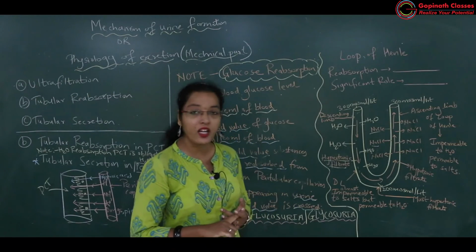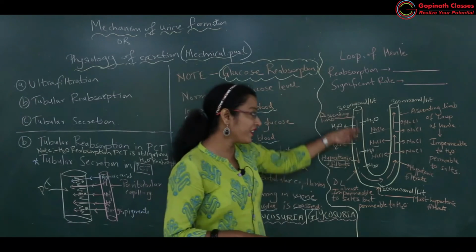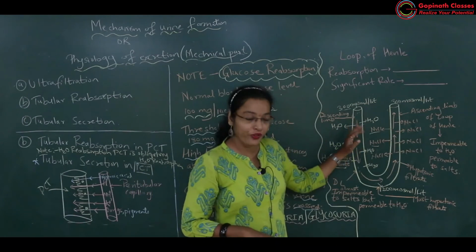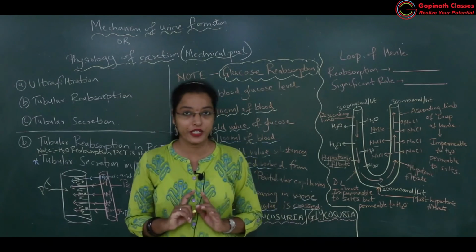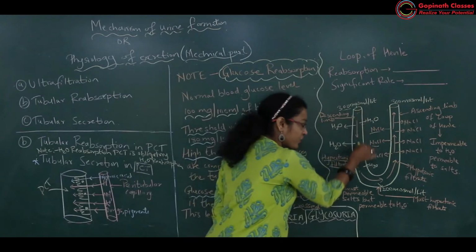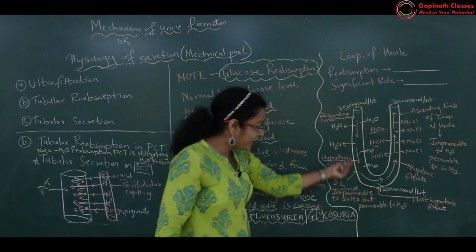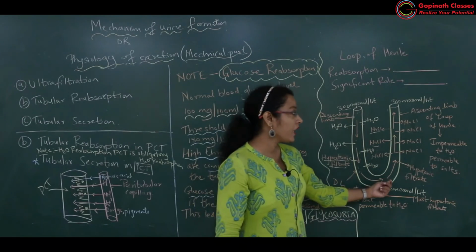So looking at this diagram of the loop of Henle, you can make out the direction of the nephric filtrate. The filtrate goes downward in the descending limb and upward in the ascending limb.